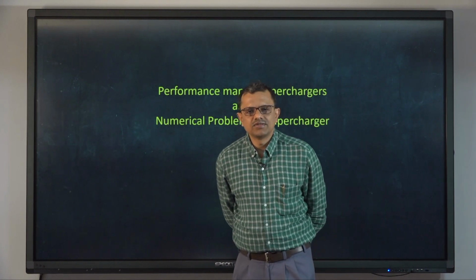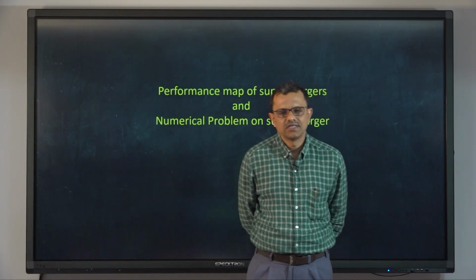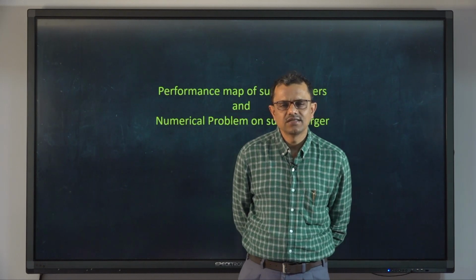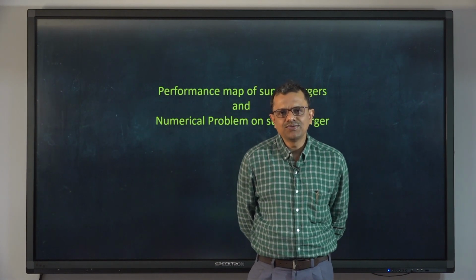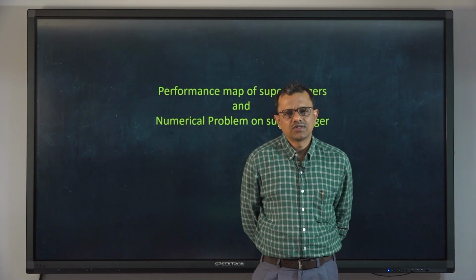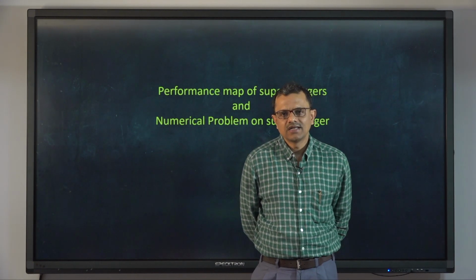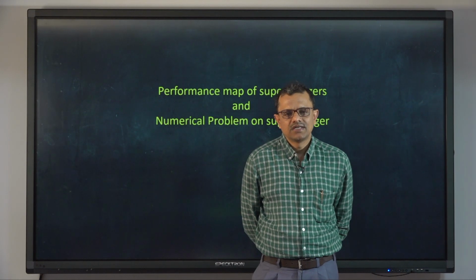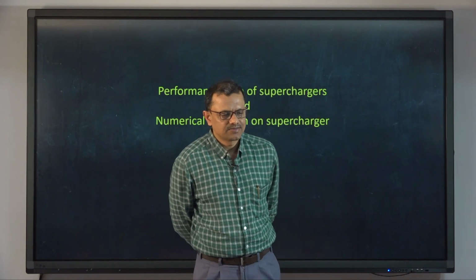So, we have discussed about performance map of SI engines, and if you can recall, this particular map is very useful to compare the performance of two dissimilar SI engines, and we have discussed this part in one of our previous classes.